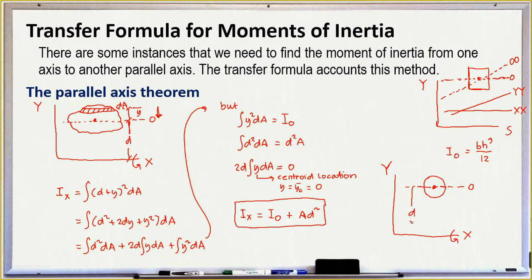So the moment of inertia along x is equal to the centroidal moment of the circle plus the area of the circle times its distance d squared.